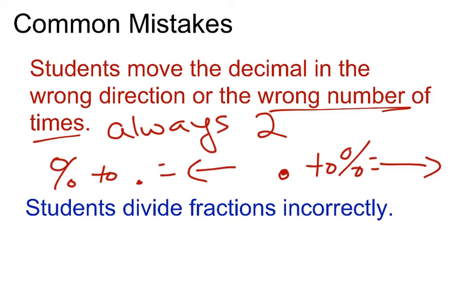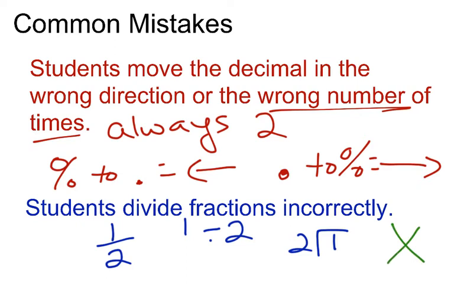Another common mistake is that students will divide fractions incorrectly. For example, 1/2 should be 1 divided by 2, not 2 divided by 1. 2 divided by 1 is 2.